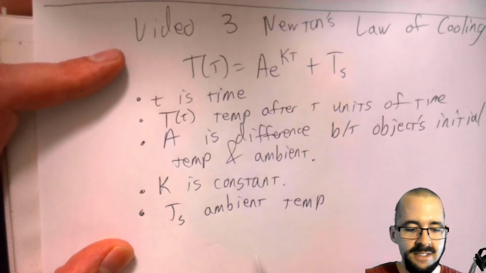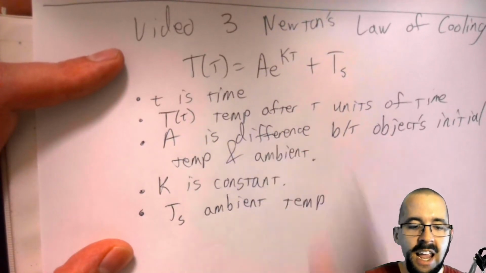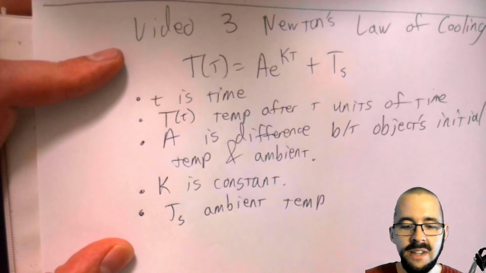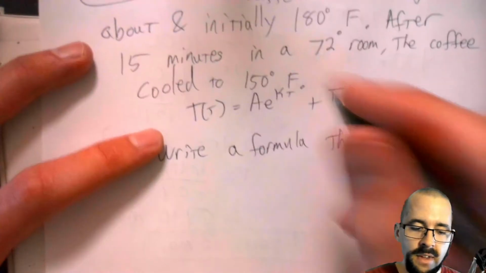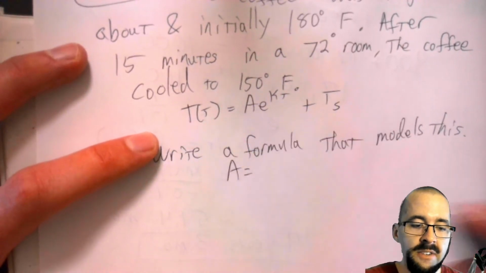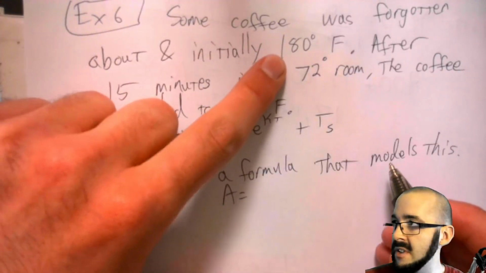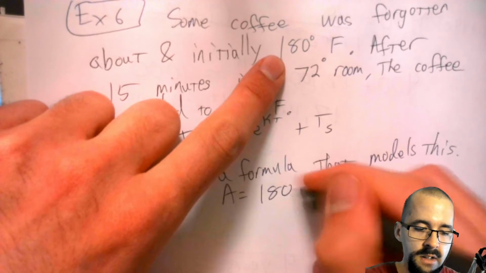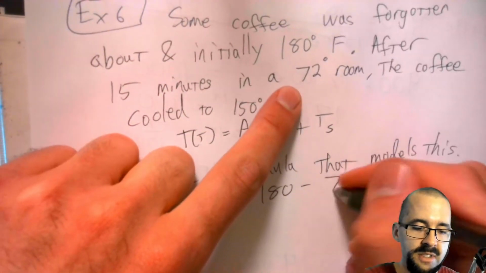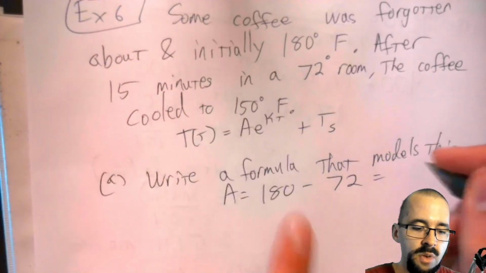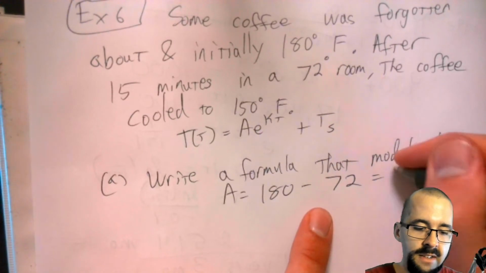So T sub s is the ambient temperature, and A is the difference in temperature between the object initially and the ambient temperature. So A is the difference between the object initially, which is 180, and the ambient temperature, which is 72. So our A value is going to be 108.